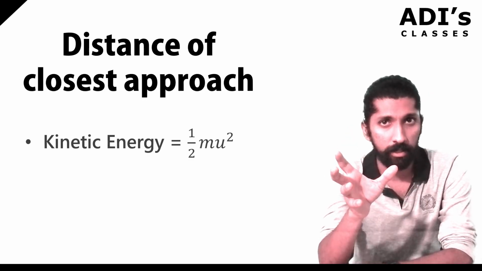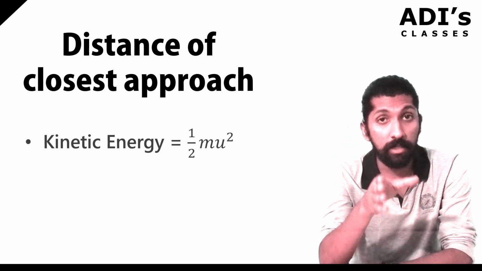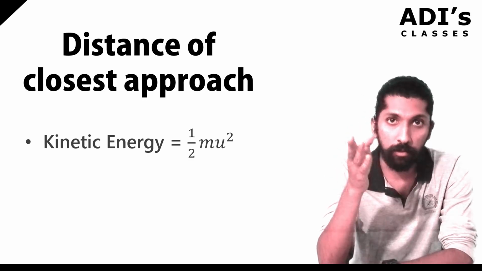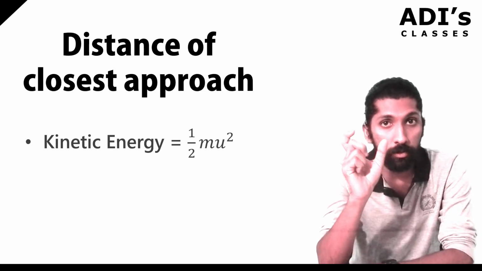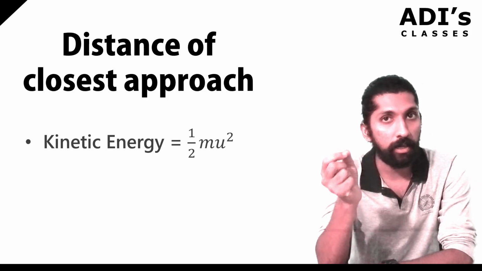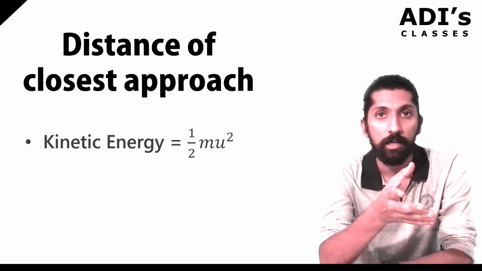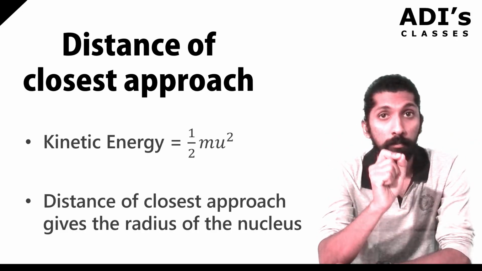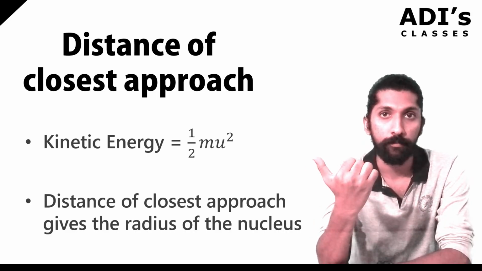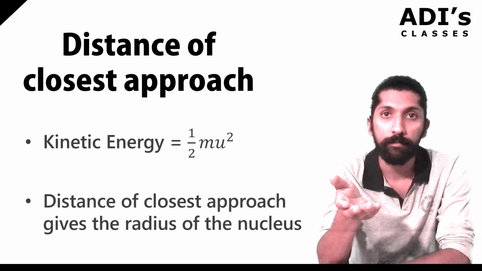That kinetic energy we have is half mu square. I gave you the formula in the previous video, right? Half mu square is the kinetic energy of the alpha particle. So how close can it come before it returns back? That's what we are trying to calculate.